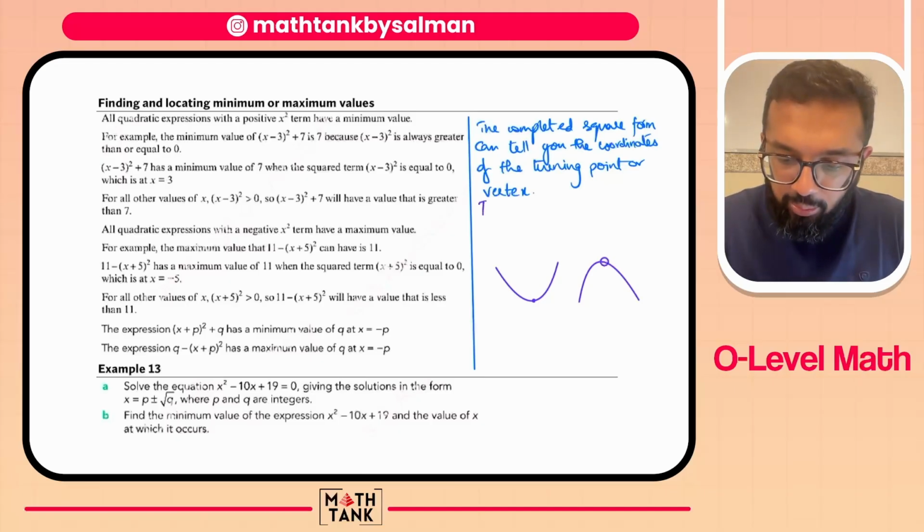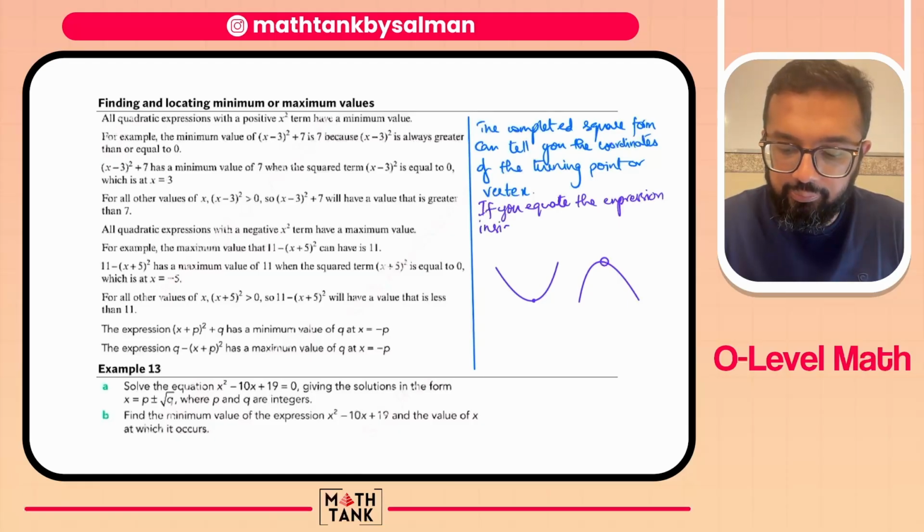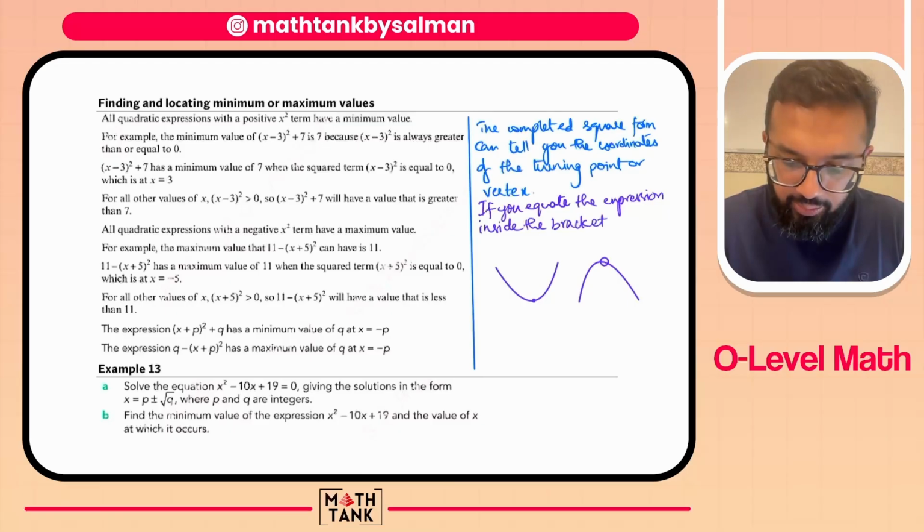If you equate the expression inside the bracket to 0, you can find the x coordinate of the turning point.